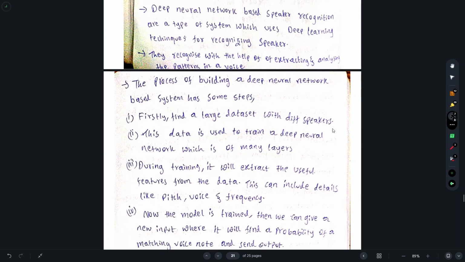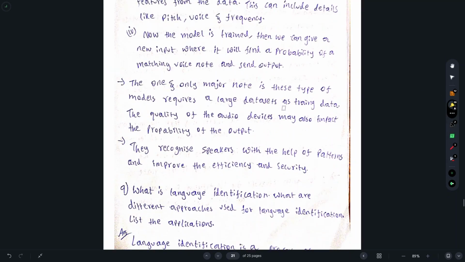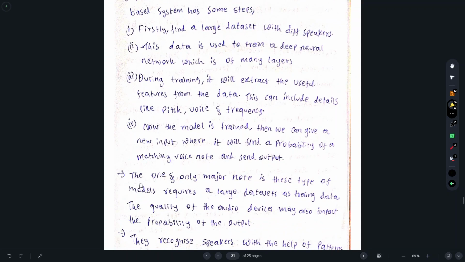Firstly, find a large data set with different speakers, and this data is used to train a deep neural network with many layers. During training it extracts useful features from the data, and when the model is trained we can give some new input and find out whether the user is there or not.